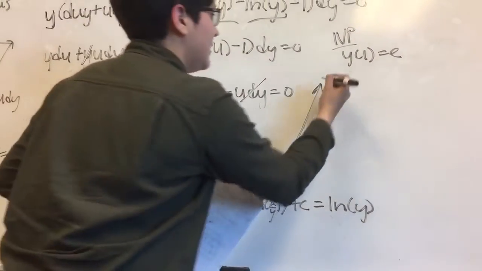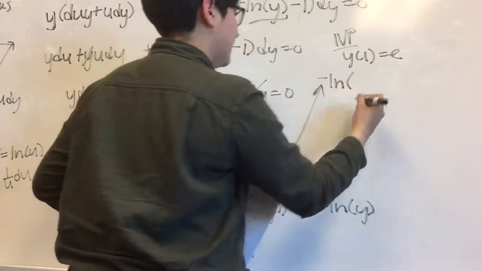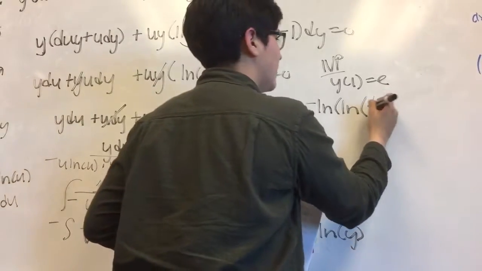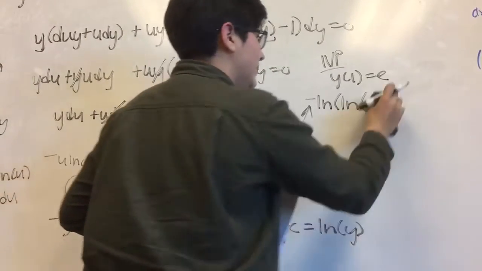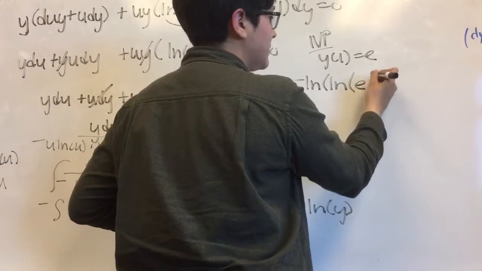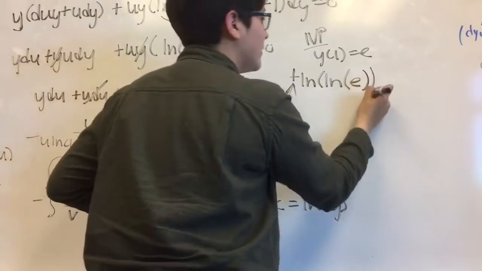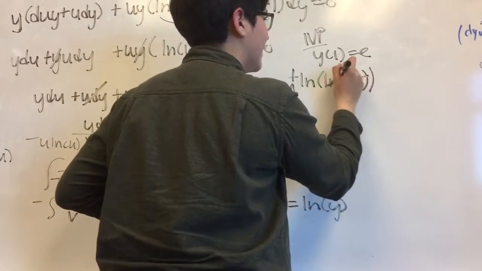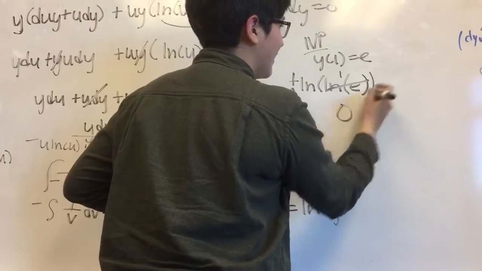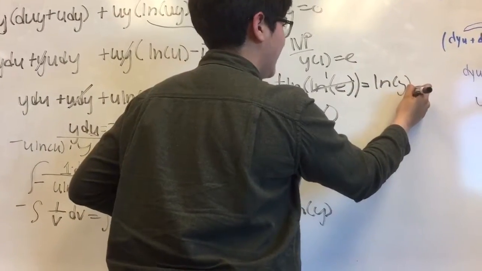So now we have negative ln of x over y, so 1 over e, and 1 over e is actually e to the negative 1, and using log properties we're going to move the negative 1 out to the front and make this positive. We know that ln of e is equal to 1, and we know that ln of 1 is equal to 0. Oh, and also this is equal to ln of y, right?